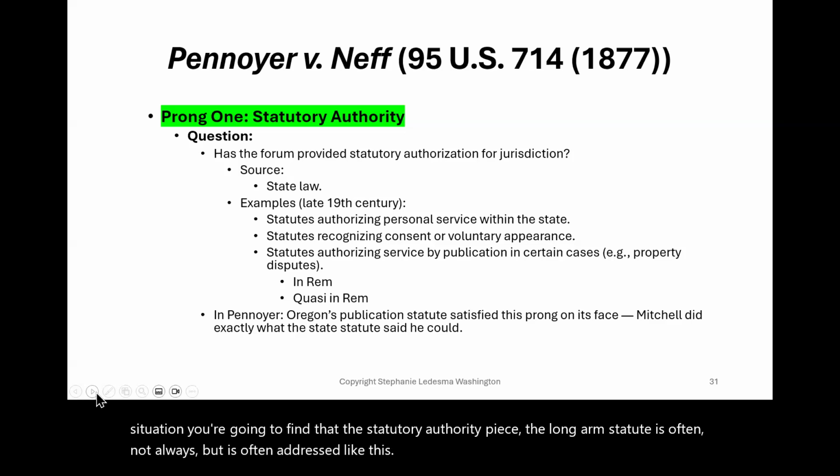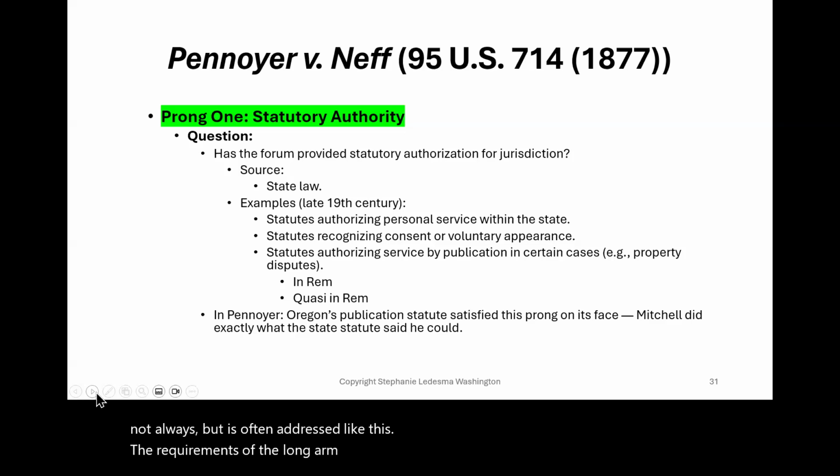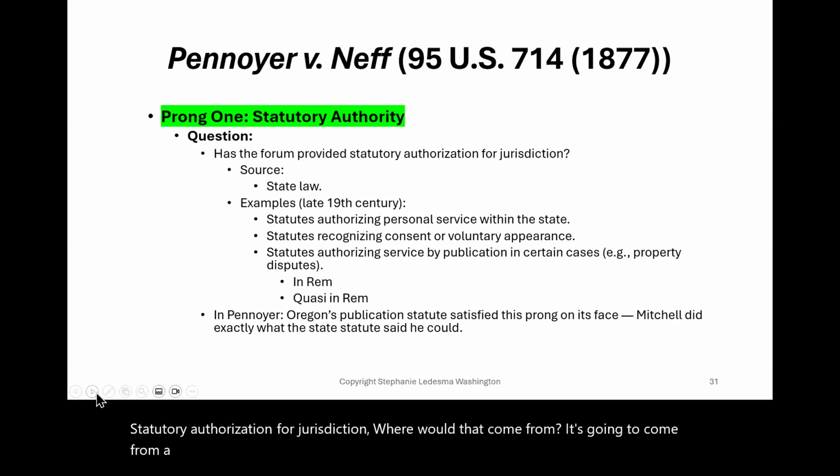The requirements of the long arm statute have been satisfied, or they're not spoken to at all, right? Okay. Prong 1, statutory authority. Here's the question. Has the forum provided statutory authorization for jurisdiction? Where would that come from? It's going to come from a state law. How does that actually look? Usually looks like a long arm statute.